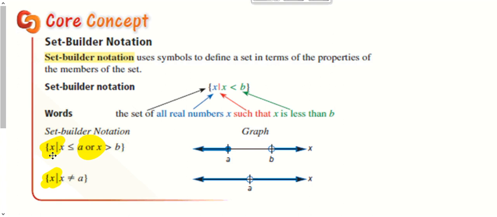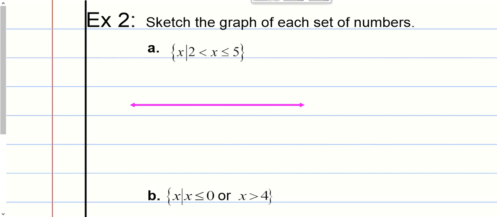So that's going to be on everything with your set. So the set of all real numbers, X, such that. So that little line just means such that. X is less than B. So that's how this one right here reads. So if you hear me read one of these through, that little line right there, that's where I'm getting such that from. Okay?